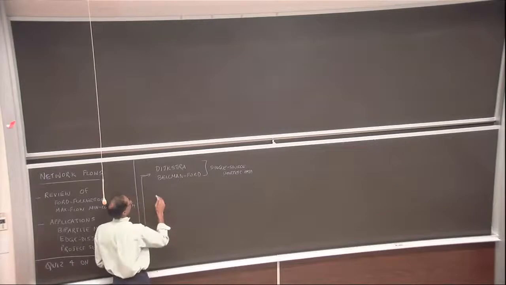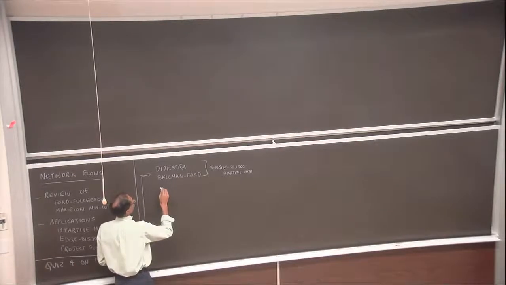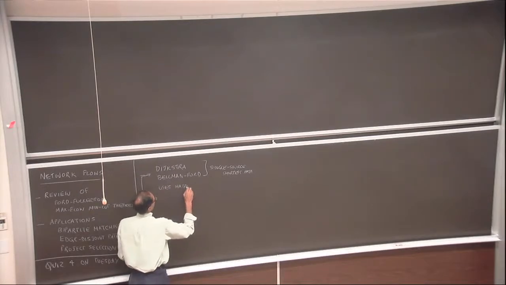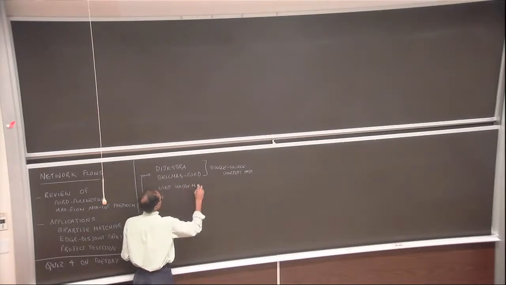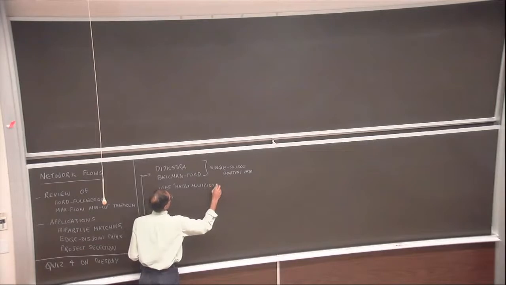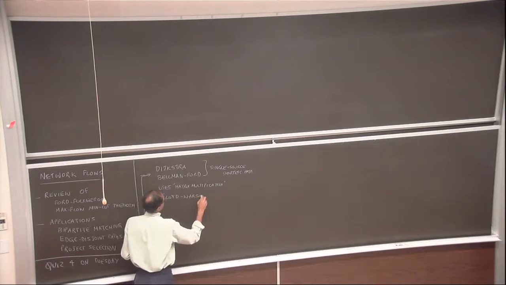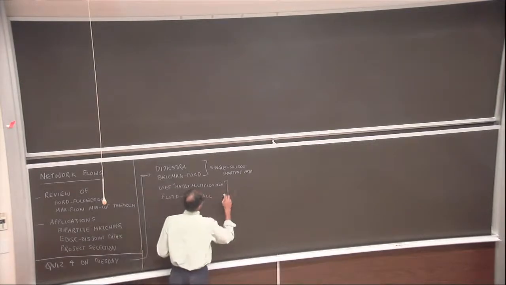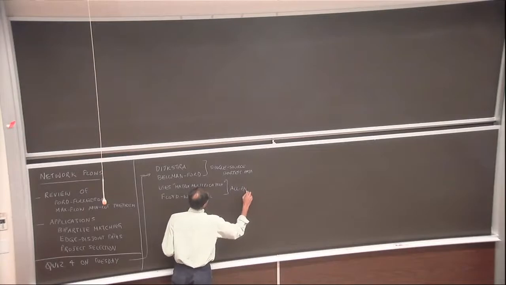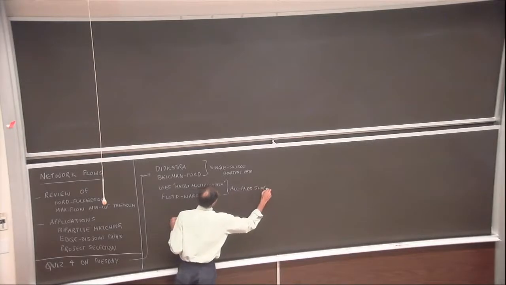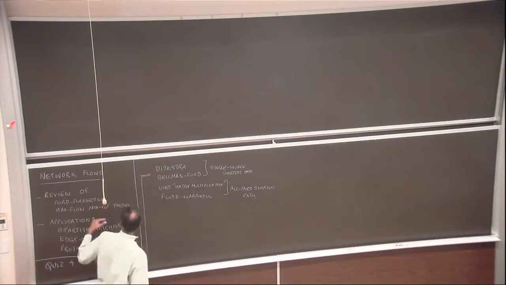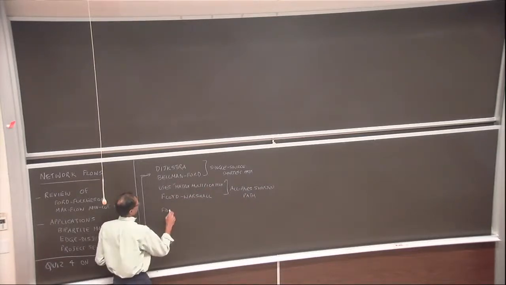Then we have covered all pairs shortest path, and there is an algorithm that uses the matrix multiplication approach, and then we covered Johnson's algorithm, and then the Floyd-Warshall algorithm.